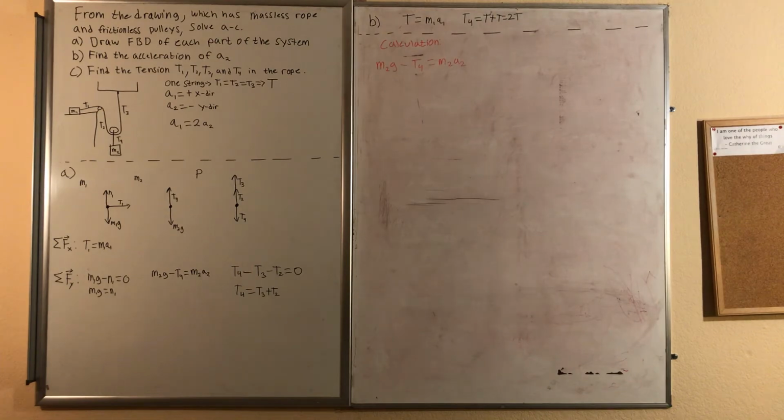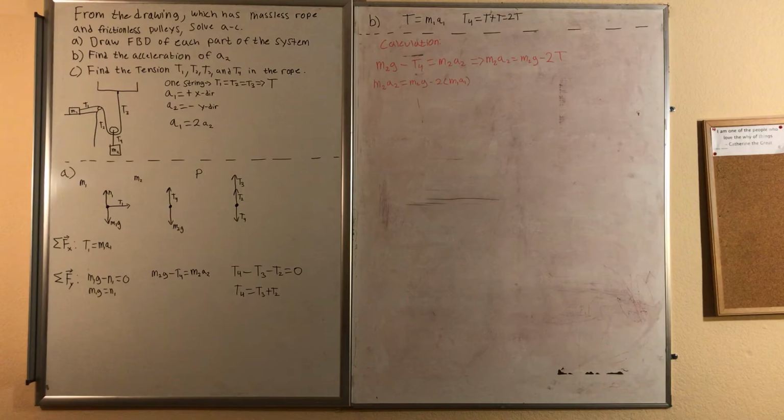So rewrite the m sub 2 times g minus T sub 4 equals m sub 2 times a sub 2. Rearrange and substitute for T sub 4 to get m sub 2 times a sub 2 equals m sub 2 times g minus 2 times T. Now we know what T is, so let's sub that in to get m sub 2 times a sub 2 equals m sub 2 times g minus 2 times m sub 1 times a sub 1.